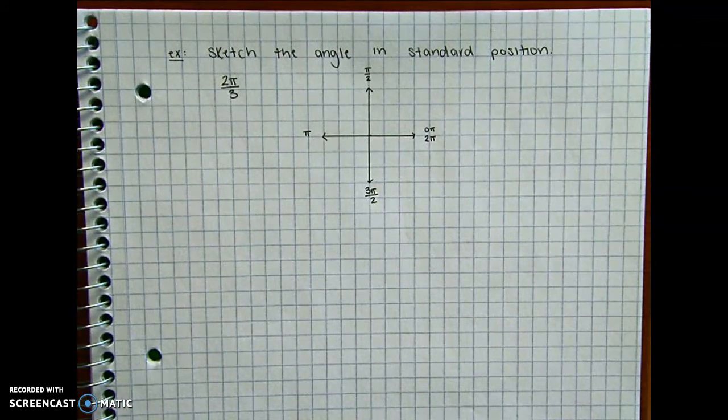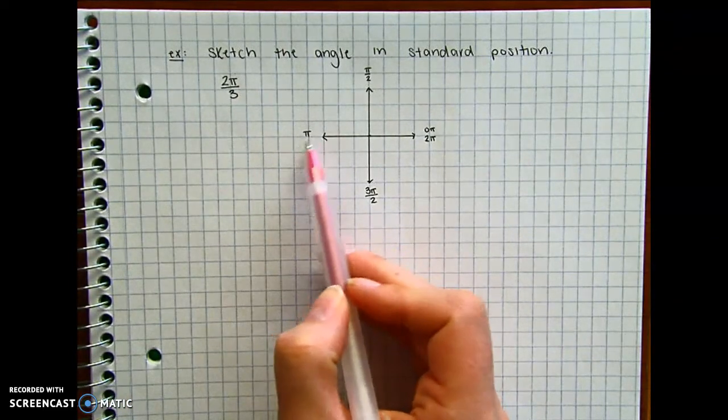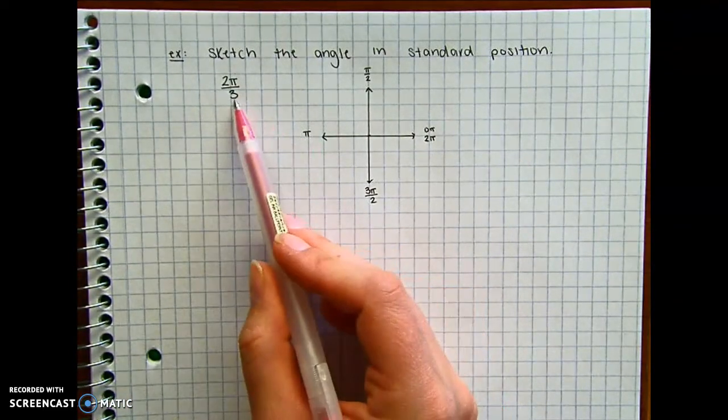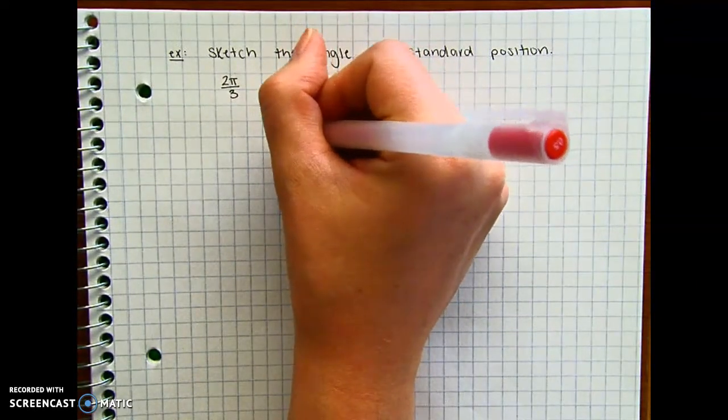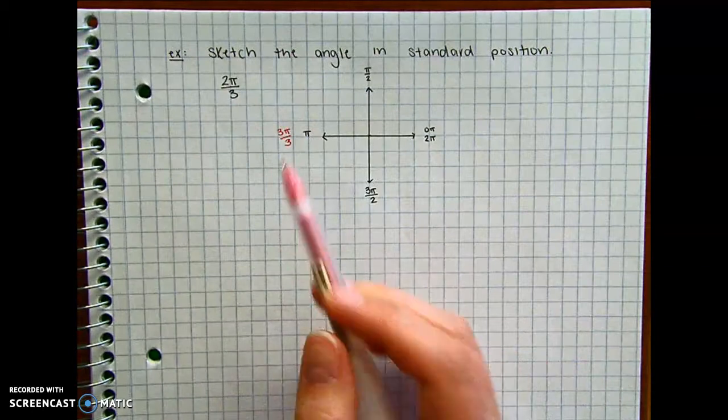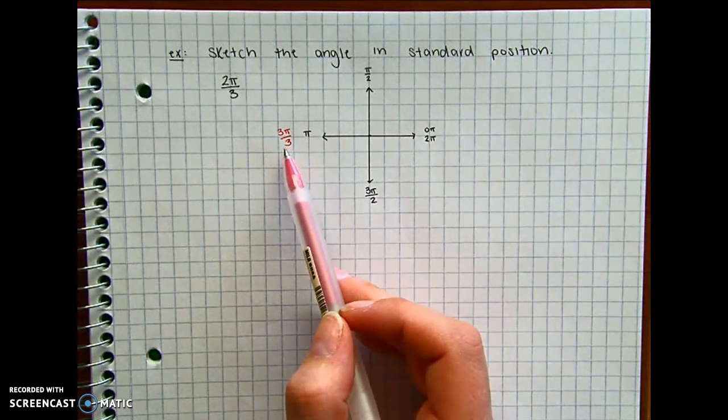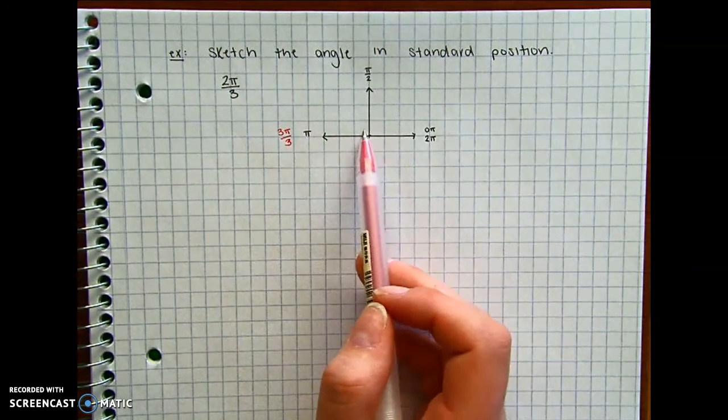There's a couple ways you can think about this. One tip that I like to teach is if you can rewrite this, right? Rewrite it in terms of the denominator. So pi, we could also think about it as 3 pi over 3, right? And that's kind of helpful because 2 pi over 3 is going to be right before that.